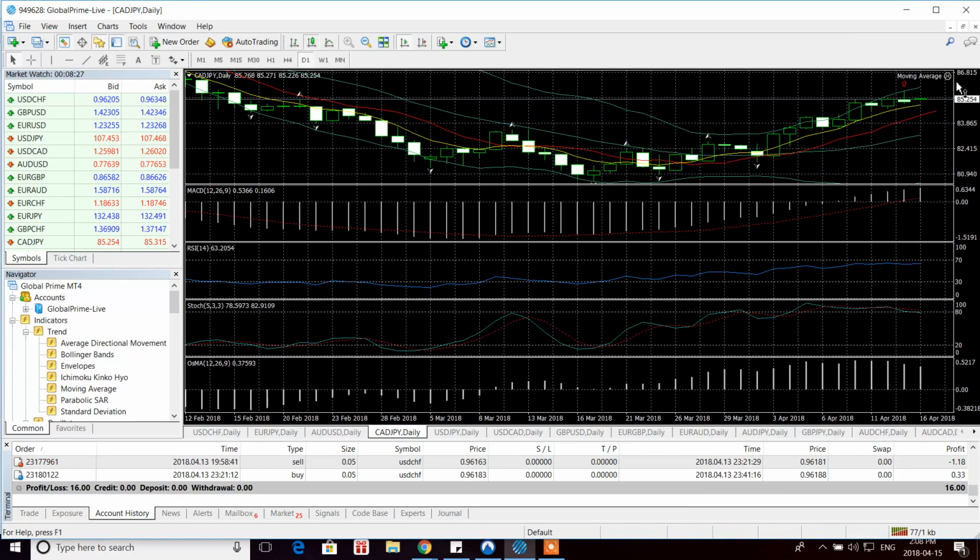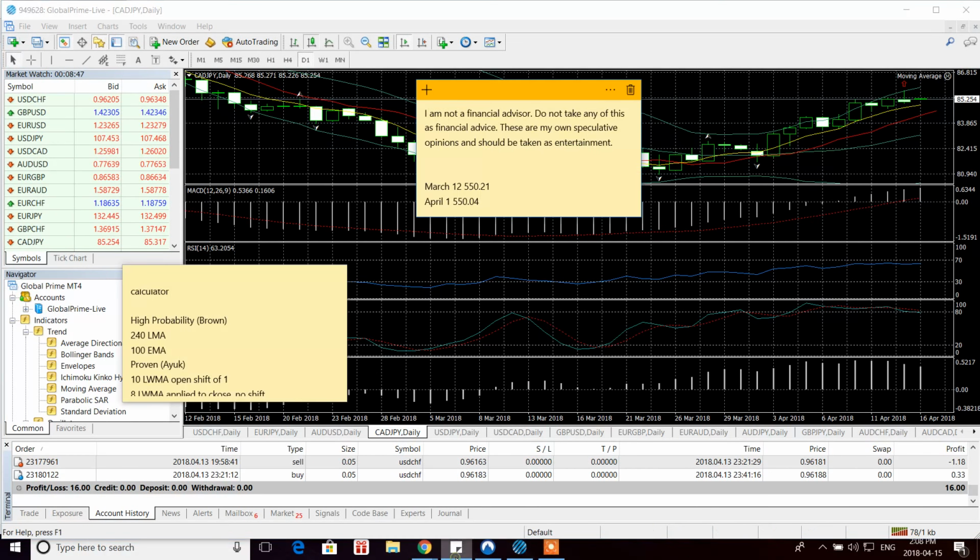Okay, so you're going to learn more about my strategy, how I'm going to put mine into this. What we're trying to do is find the trend. Is it going up or is it going down? And then I'm going to scalp and day trade in that direction. So I'm just using her method right now, and then we're going to use another method, the Ayuk method.